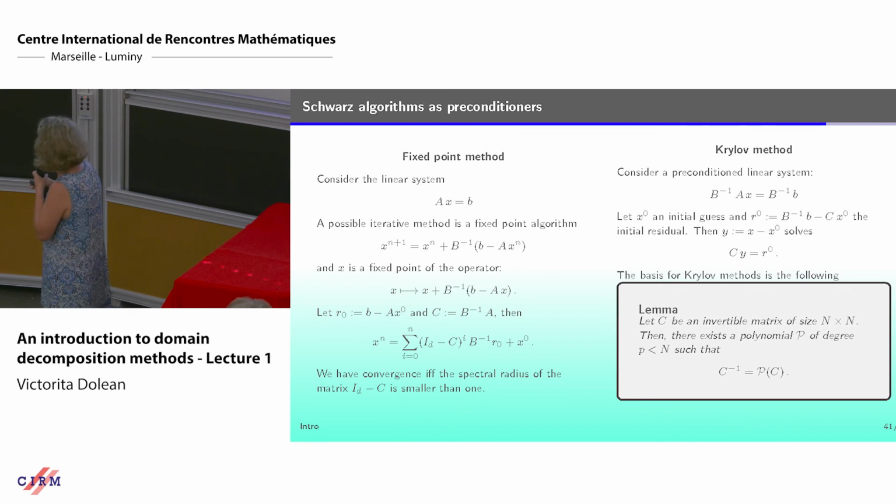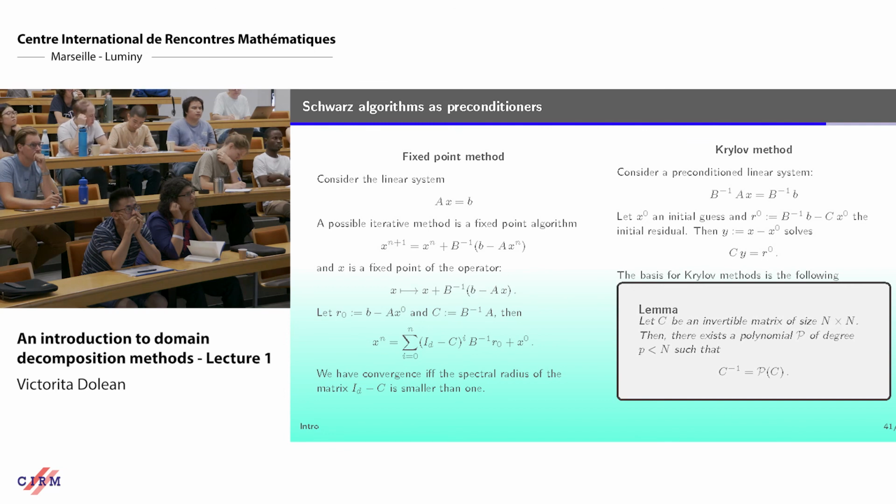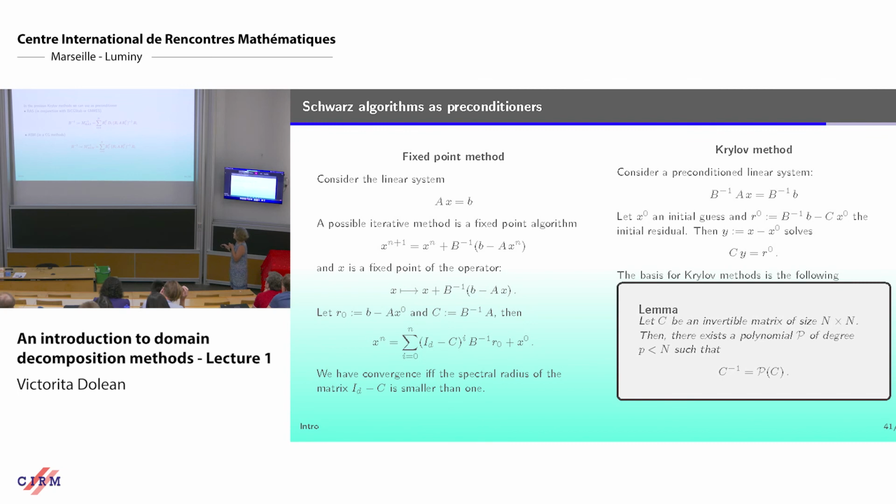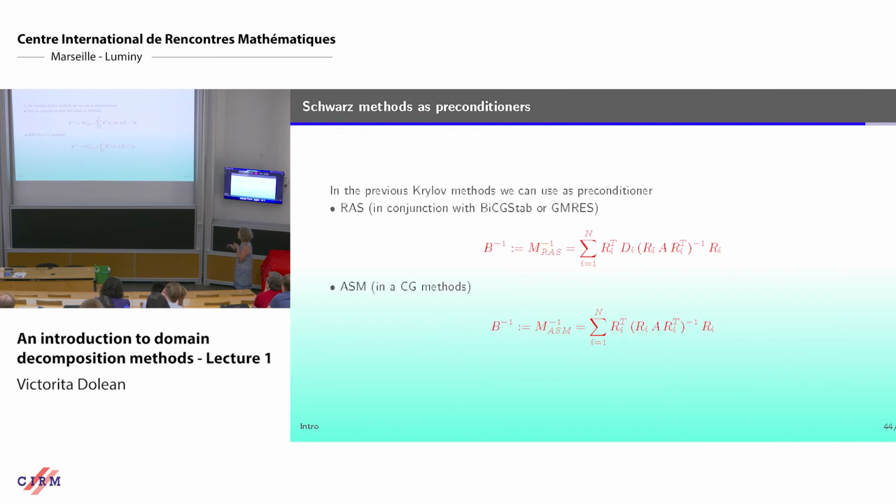So instead of just using it in a stationary iteration, I use it in a GMRES, CG, or BiCG step. And if I do that, everything will be a lot faster. Also, I can keep the best from the domain decomposition method, so I keep the preconditioner part.